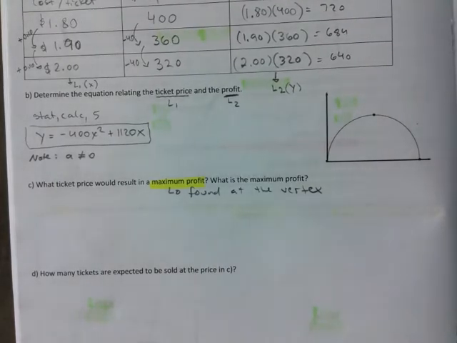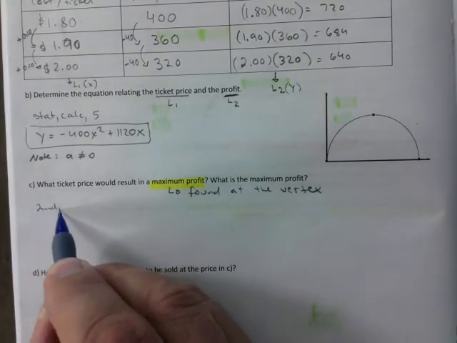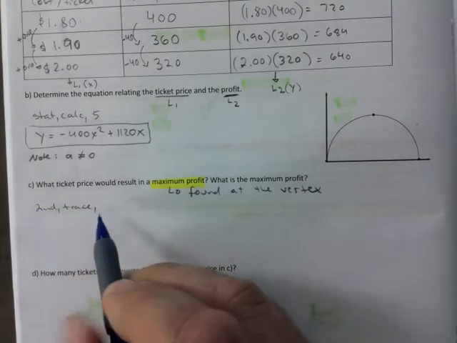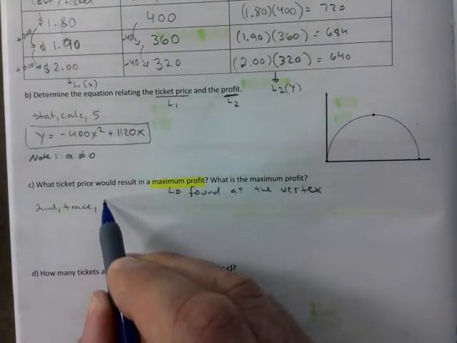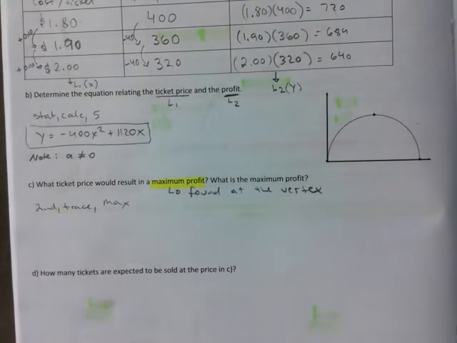Okay, that's where you can get that information. So let's go ahead and find that. Second, another mistake that I see. Second trace, max. I'll just write max instead of 4. That way, if your parabola is pointing up, there's something you have to go back and check.